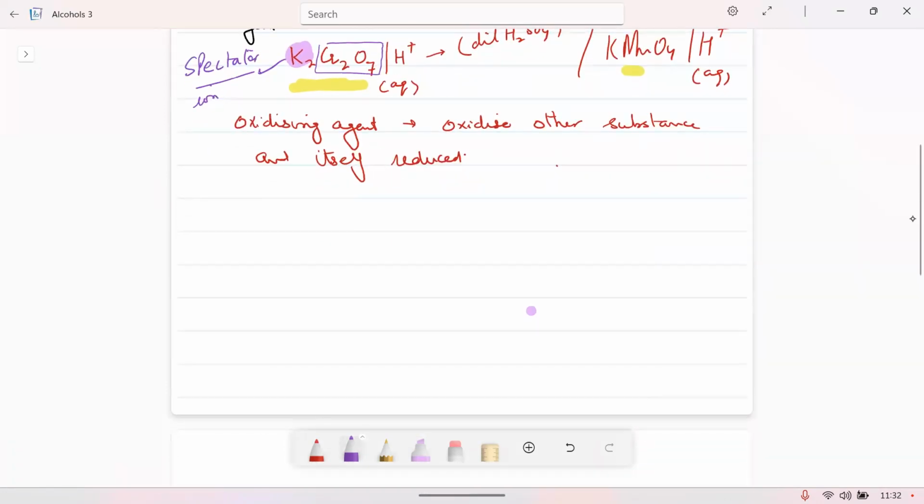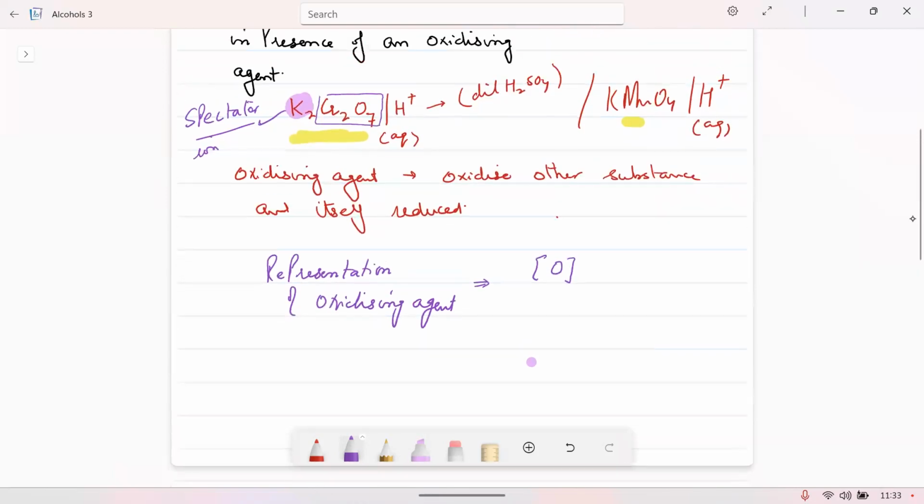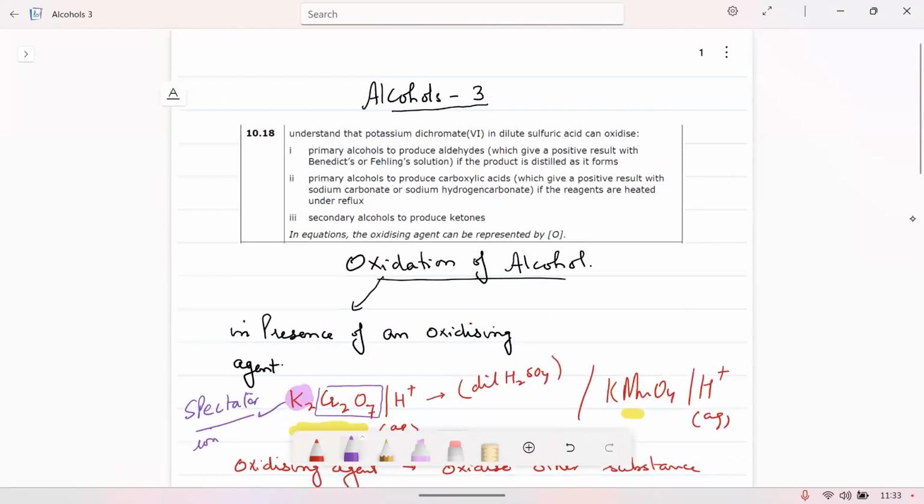So now how will you represent it? You don't need to show the reaction for the oxidizing agent, but in the reaction, you have to show that you are using an oxidizing agent. Which one? That you don't need to. So you show the oxygen in a square bracket, and this is acceptable in your marking, in your specification. The oxidizing agent can be represented by this.